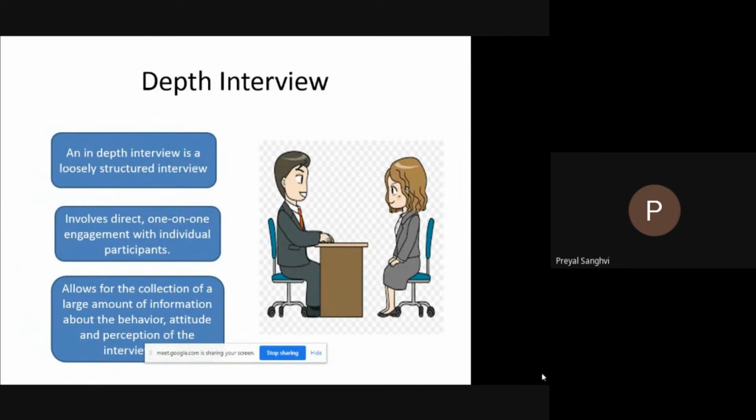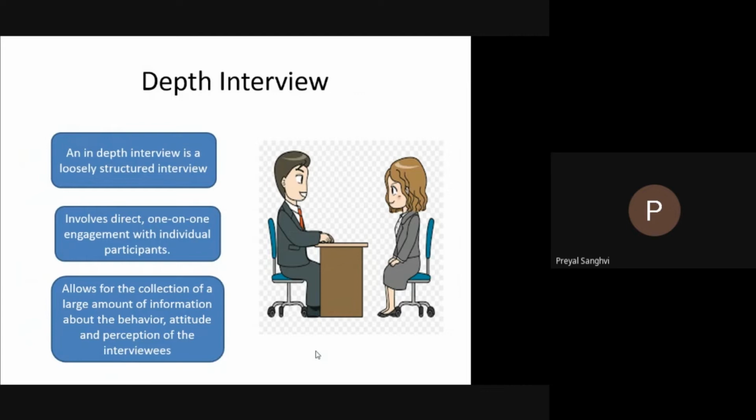Next, we are going to discuss the depth interview method. If we talk about depth interview as a method, it is a one-to-one interaction between the participant and the researcher. It is an unstructured interview method.